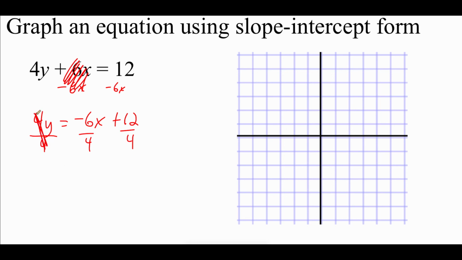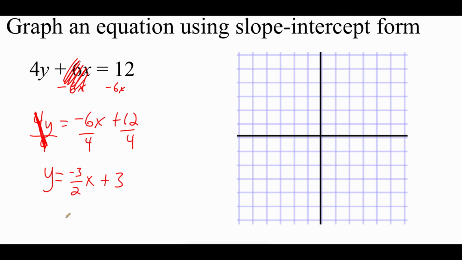So on the left-hand side, the times 4 and divided by 4 cancel each other out, leaving us with y equals. Now, as we look at the fraction -6 over 4, -6 does not divide nicely by 4, but this is a reducible fraction. Each one of these numbers are divisible by 2, so we would get the fraction -3/2 x. Now, in the end, 12 does divide nicely by 4. That ends up being +3.